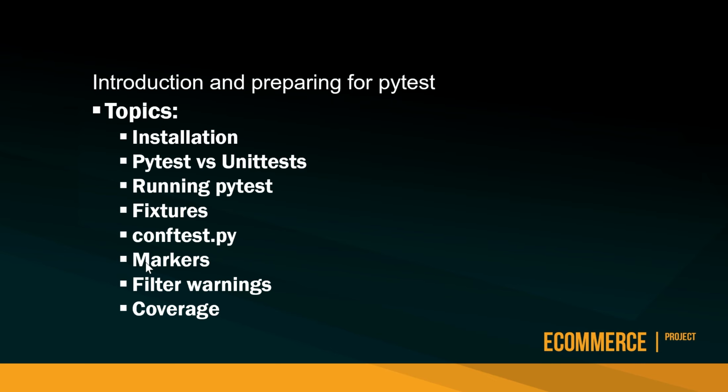For example, we might mark a test called core, a core test we want to run at a certain time. Those markers can be placed next to a test or associated with the test, so that we can just run those tests that are marked as core, for example.